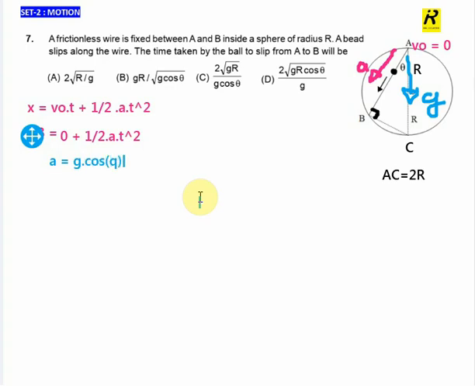Instead of writing theta, I use the symbol Q. So in my notation, Q stands for theta. So g cos theta is A. Now the above equation becomes AB is equal to half into g cos theta into T square.